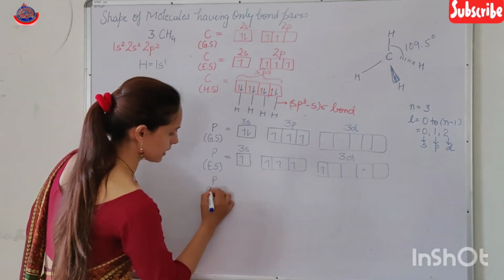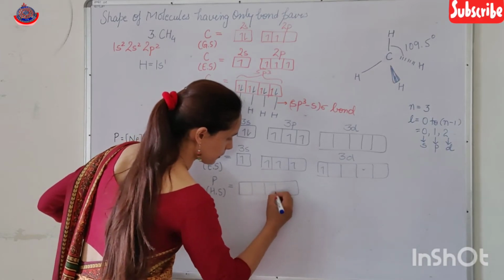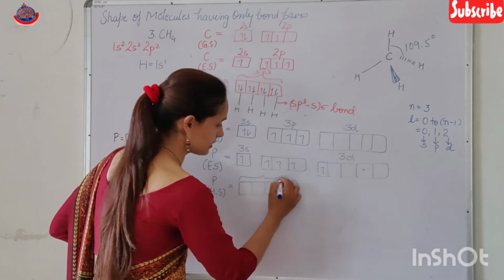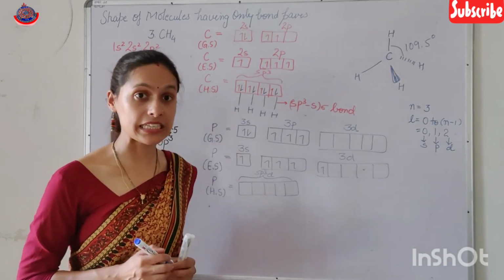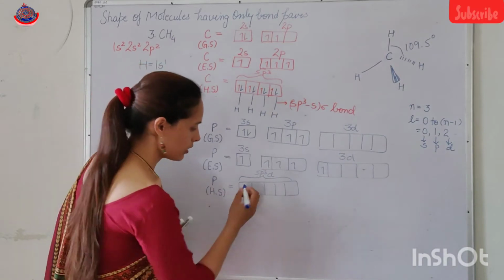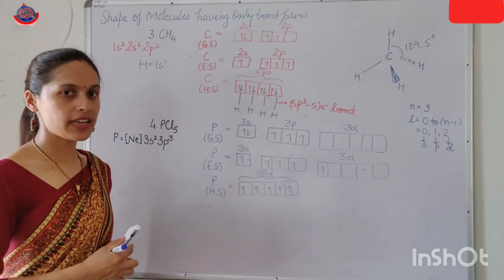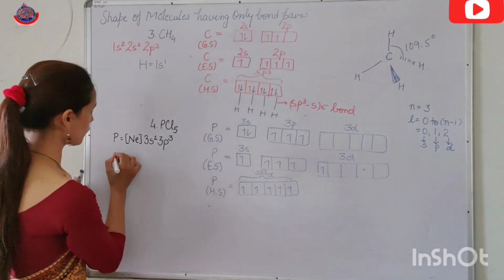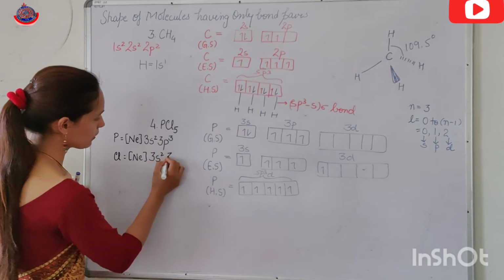So in the hybrid state, I get 5 hybrid orbitals, and the name of these 5 hybrid orbitals is sp3d. Now, if I fill the electrons 1, 2, 3, 4, 5, and if I write the electronic configuration of chlorine, it is neon 3s2 3p5.